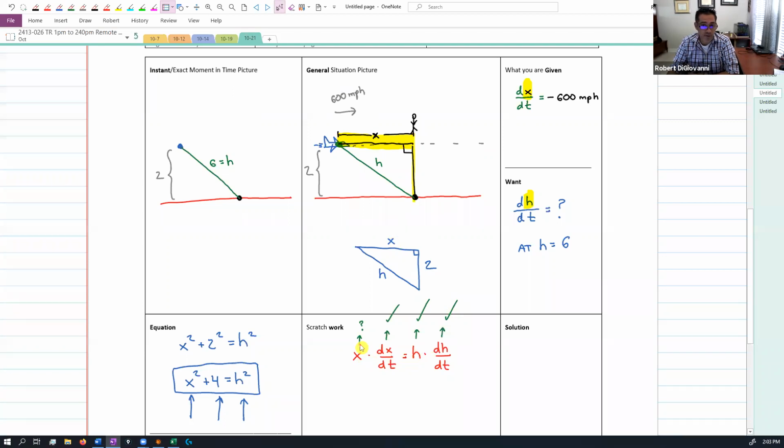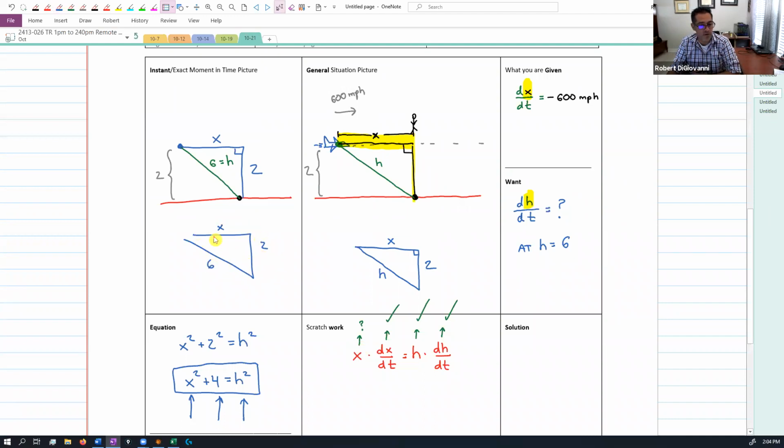So where do I get x from? We can solve for it using h equals 6. Now that we can fix everything in time, if we look at this same triangle in this picture, with this being 6, this being 2, and this being x, I should be able to solve for x, shouldn't I?